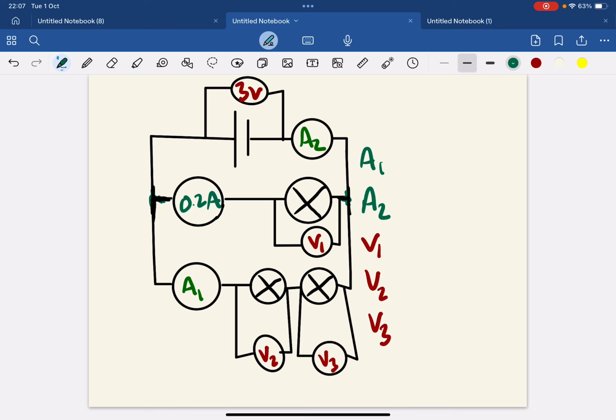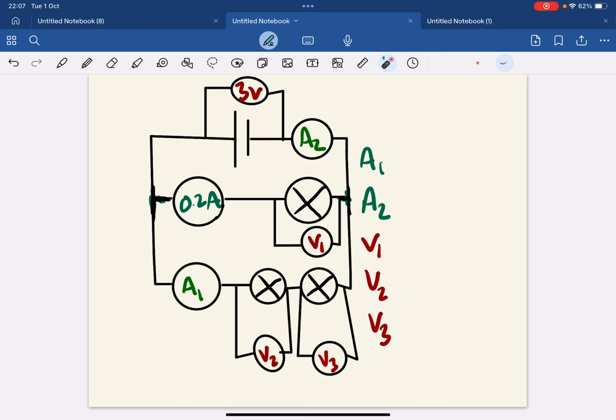So in this circuit, you can see it's a parallel circuit with 2 loops. We've got a loop here and we've got a loop here. In this first loop, we've got 1 bulb, and in the second loop, we've got 2 bulbs. In the first loop, we know we have a current of 0.2 amps and it contains 1 bulb. In the second loop, we have 2 bulbs, and so we have double the resistance.